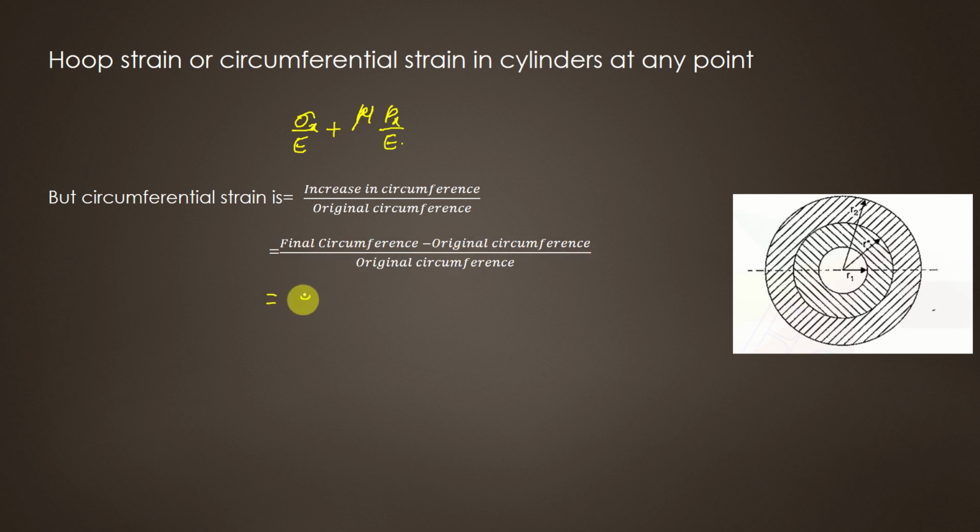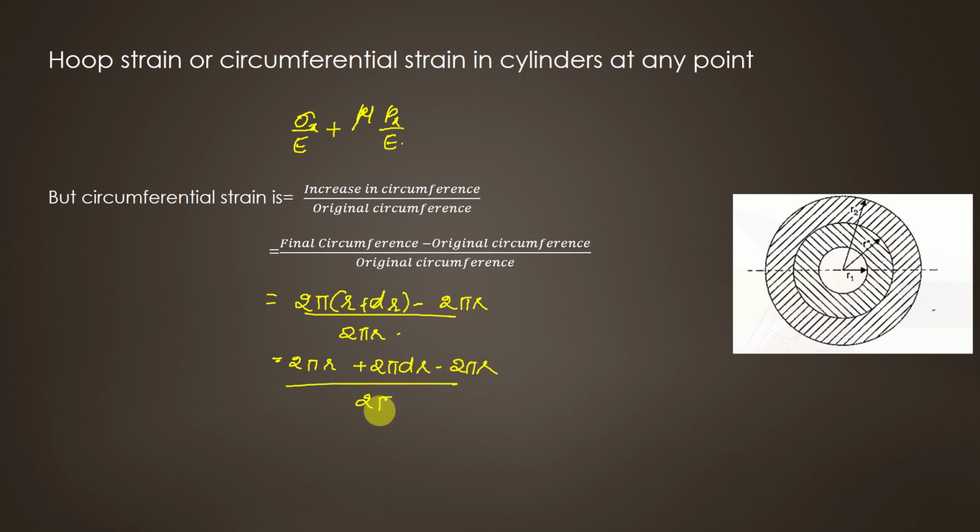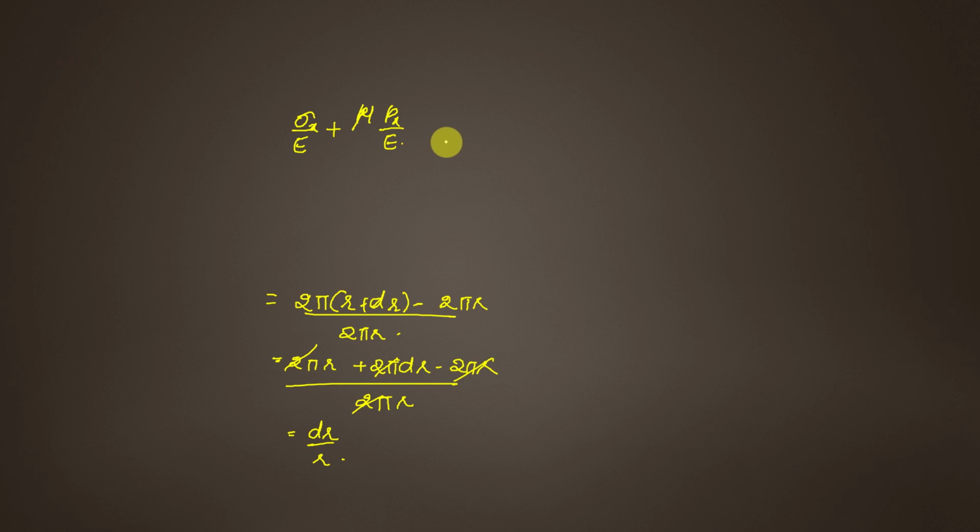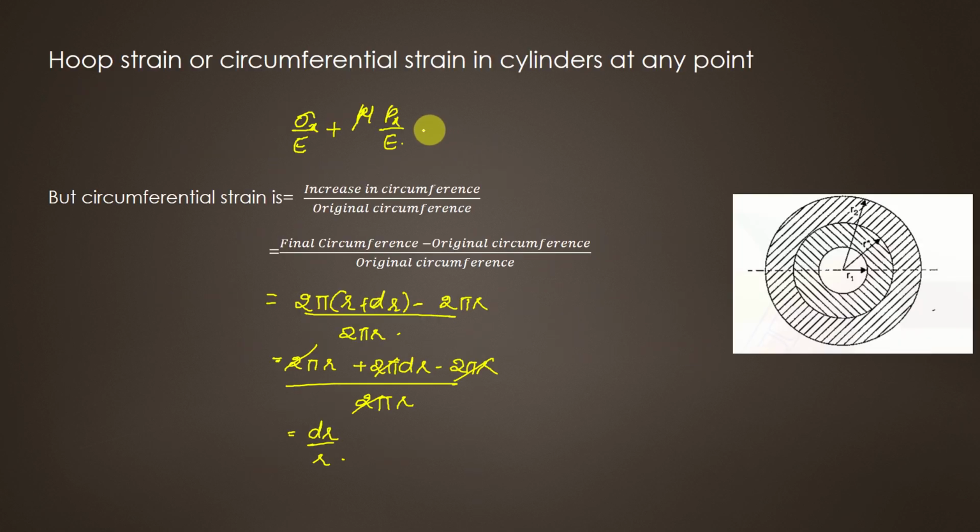What is the final circumference? 2 pi into r plus dr, minus 2 pi r, by original circumference 2 pi r. That is 2 pi r plus 2 pi dr minus 2 pi r by 2 pi r. Here 2 pi r minus 2 pi r cancel, and 2 pi cancels. The remaining thing is dr by r. Equations 8 and 9 are talking about circumferential strain.